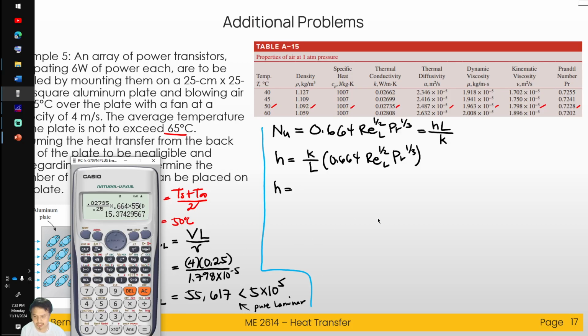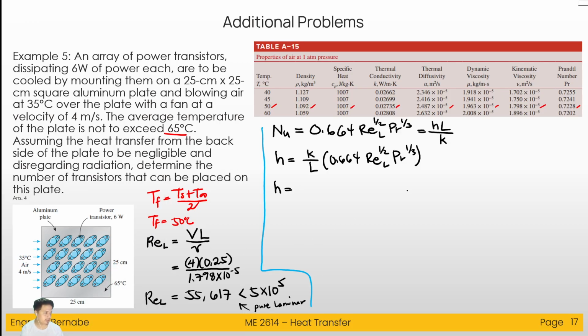So the answer for h is 15.37 watts per square meter Kelvin.